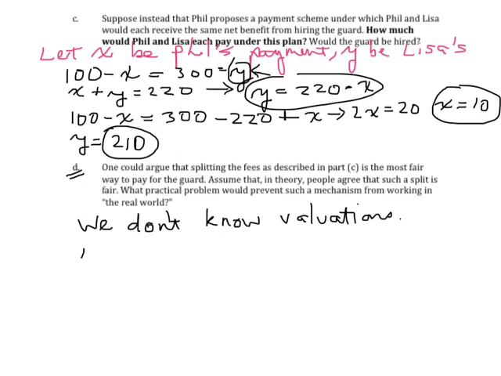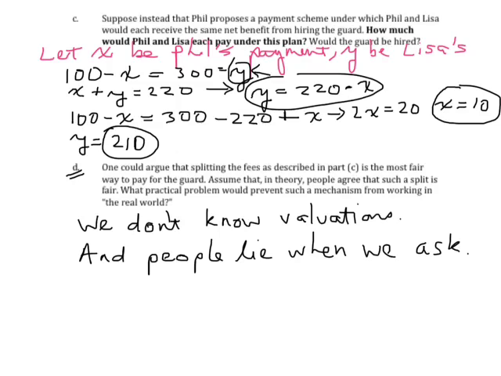And people lie when we ask. And I illustrated this in class, but again, when you know your payment share is going to be tied to your answer, there's a tendency to lowball. And then if your payment share is not tied with your answer and you really support a project, you're going to have an incentive to really exaggerate your benefits. So asking people their valuations isn't very effective.